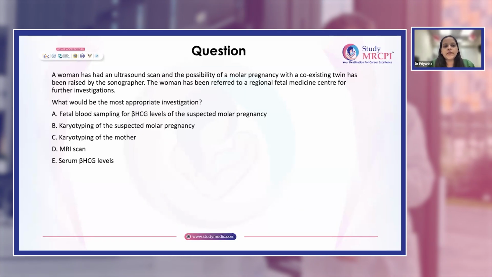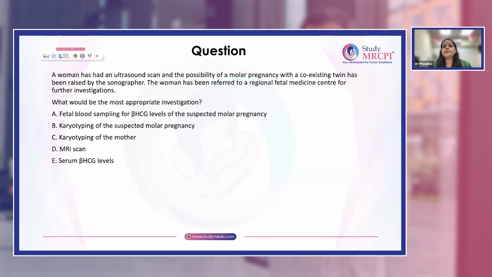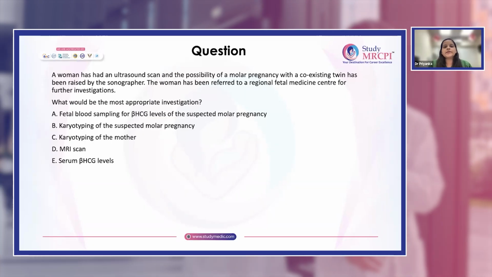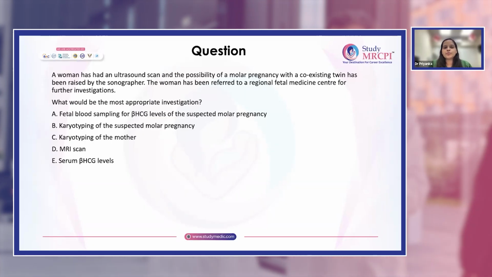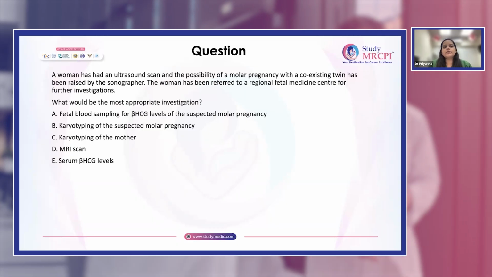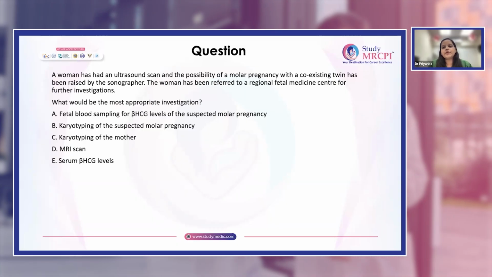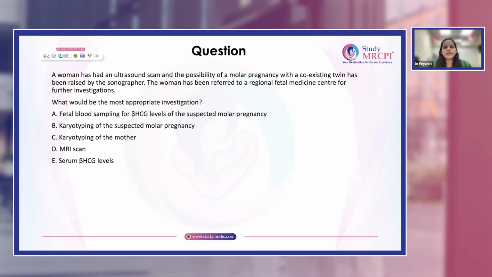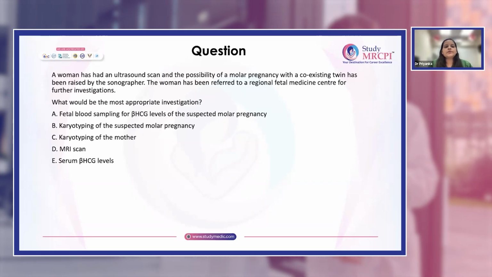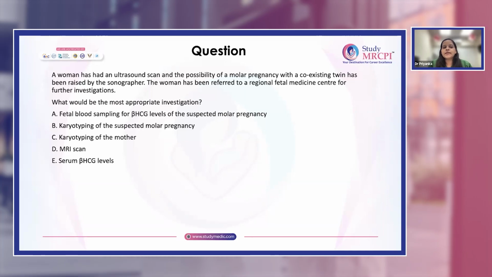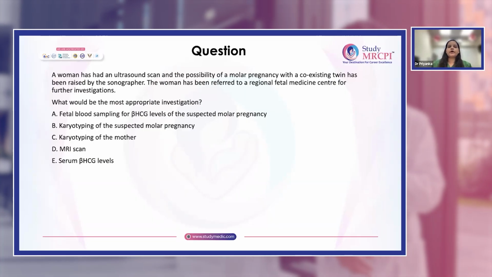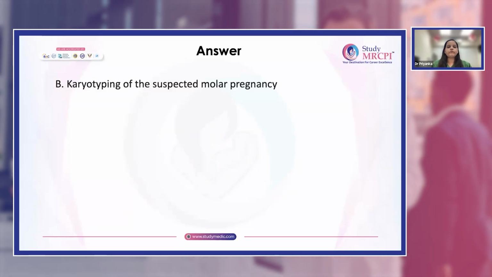We know that in a partial molar pregnancy, the coexisting twin has an increased risk of chromosomal abnormality, because the karyotype in a partial molar pregnancy is 69 XXY. So here we will choose the answer as karyotyping of the suspected molar pregnancy.